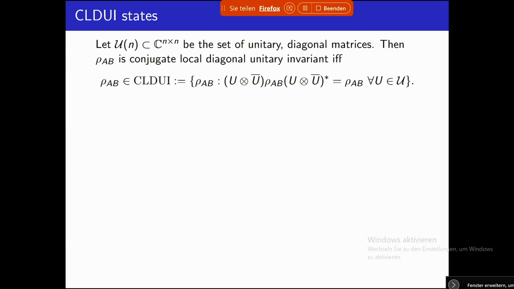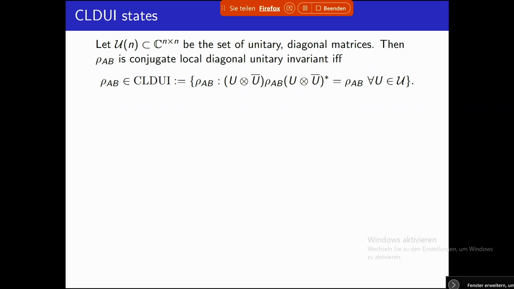And then we call rho AB conjugate local diagonal unitary invariant, or CLDUI for short, if the following invariance property holds: you can hit your bipartite quantum state from both sides with U tensor U bar, where U ranges over all the diagonal unitaries. So it might be helpful to quickly parse this very long word. The conjugate relates to the fact that in the B system we hit our quantum state with the conjugate.